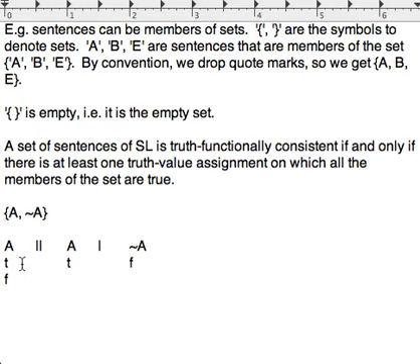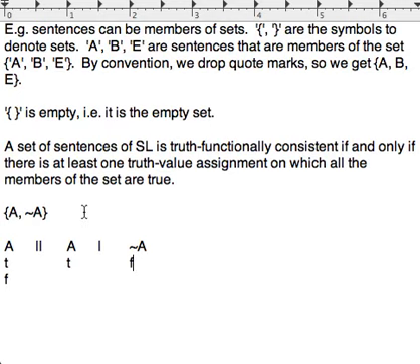So that means on this truth value assignment, the sentence A and the sentence not A do not agree, right? So they're not both true in this case. So already we know that these two sentences are not truth functionally equivalent. But what we're asking about here is whether or not this set is a consistent set.